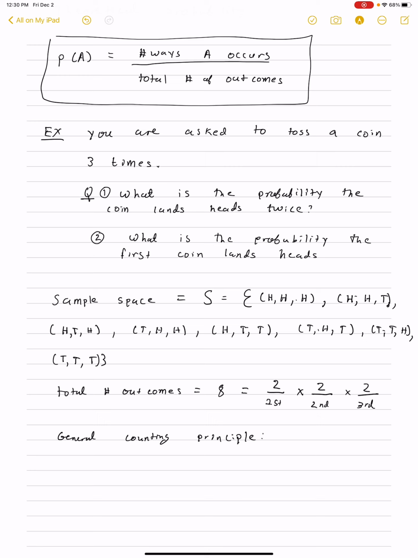And this just says if an event A occurs in n sub A ways, and B occurs in n sub B ways, well, they occur together in n sub A times n sub B ways, by multiplying them.